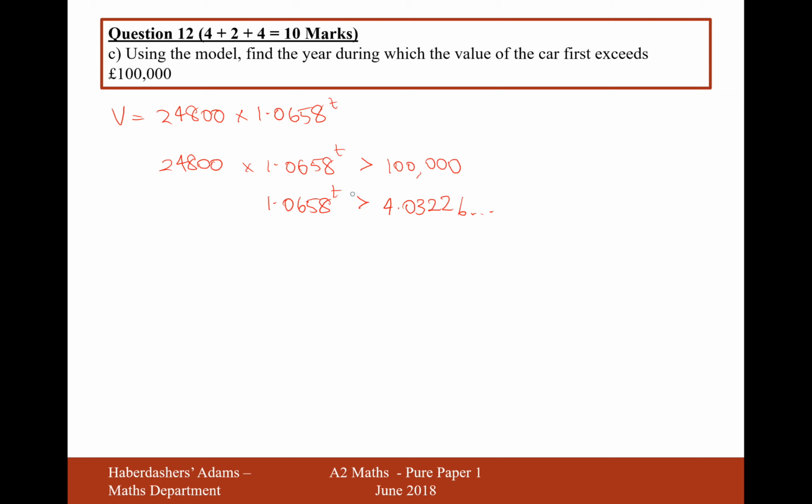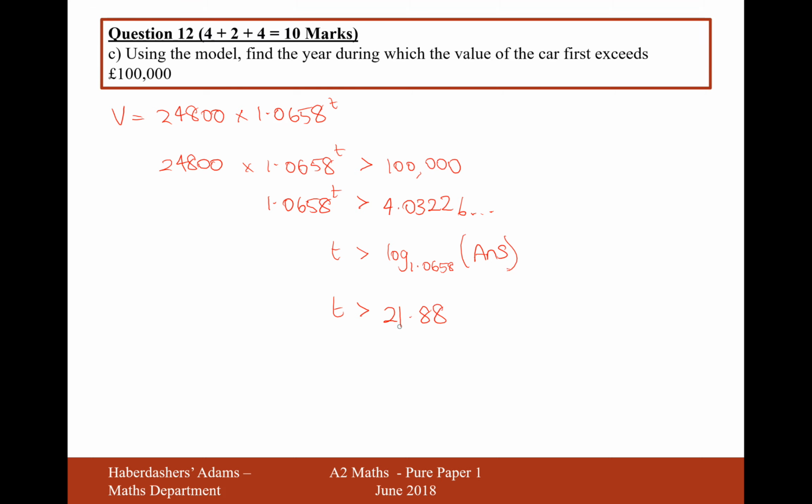Right, now we need to take logs. We need to work out what the power is, so we're going to need to do log of base 1.0658, and then in the brackets goes the answer to the value before. So using logs, base 1.0658 of the answer, that's going to be greater than 21.88.